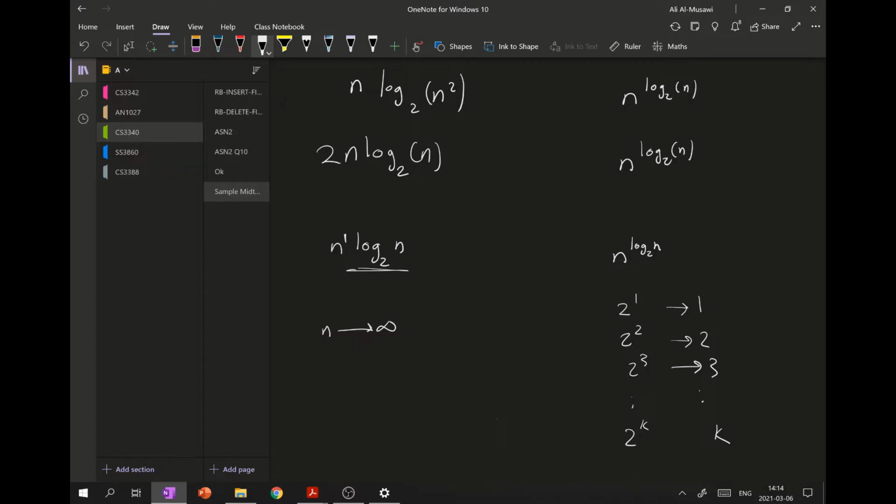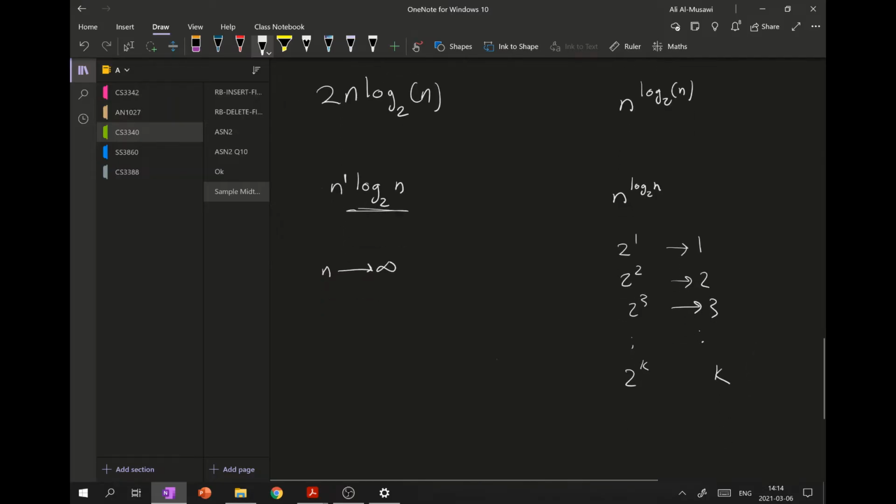So you can see that the log keeps increasing as n increases. Okay? But 1 does not increase. That's just 1 forever. Now, on the other hand, this is just multiplied by some number, log 2n. So what do you think makes something bigger, multiplication or exponentiation? And the answer to this is obviously exponentiation.